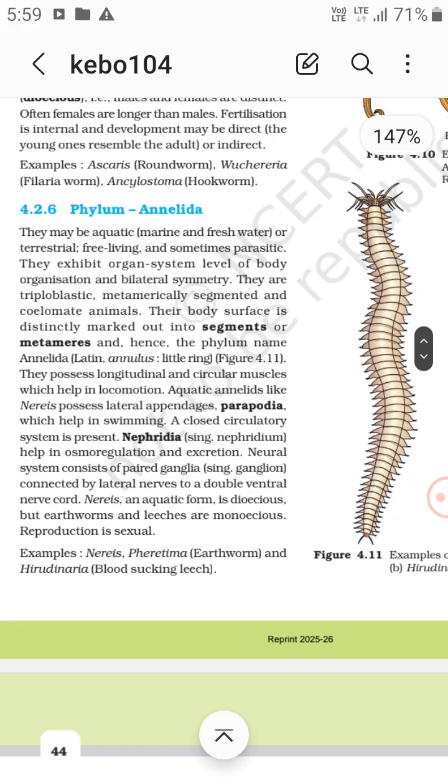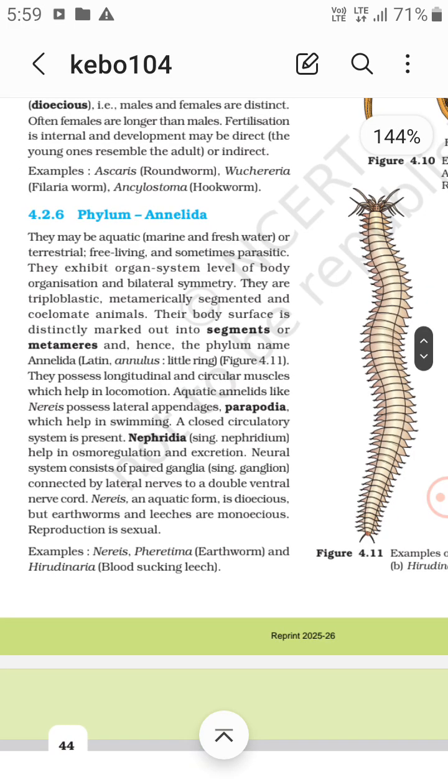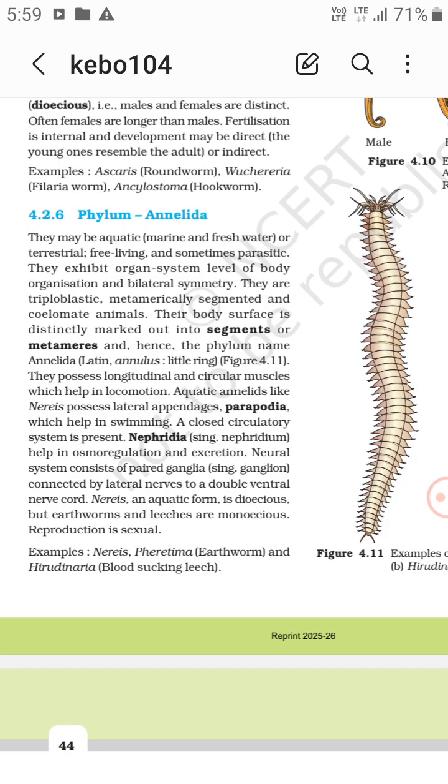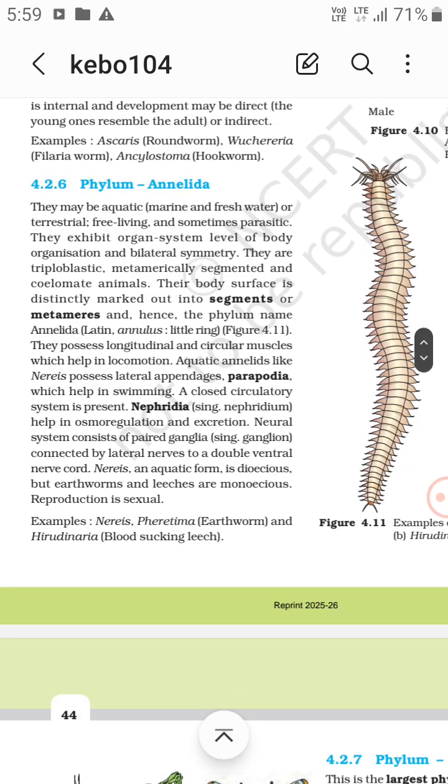Now Annelida. They show segmentation. They possess longitudinal and circular muscles, which help them in locomotion. Aquatic annelids like Nereis possess lateral appendages, parapodia, which help in swimming. A closed circulatory system is present.